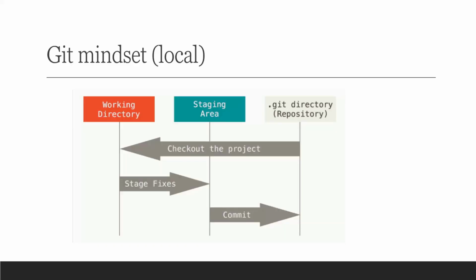One of the most important things to get your head around is how your local areas work when you are working in a branch. In this example, I'm not going to go deep into branches because that's a little bit more advanced. I'm just gonna work in the master branch, which is usually the main branch that all the other branches are branched out from.